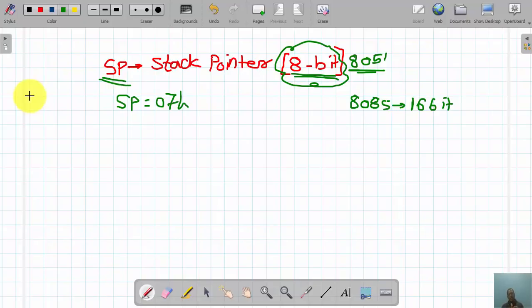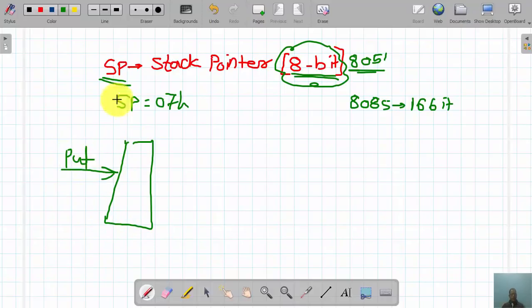In the case of the 8051 microcontroller, suppose I have this as my stack memory. Whenever we put data inside the stack memory, first the content of the stack pointer gets incremented by 1, and then the data is stored.